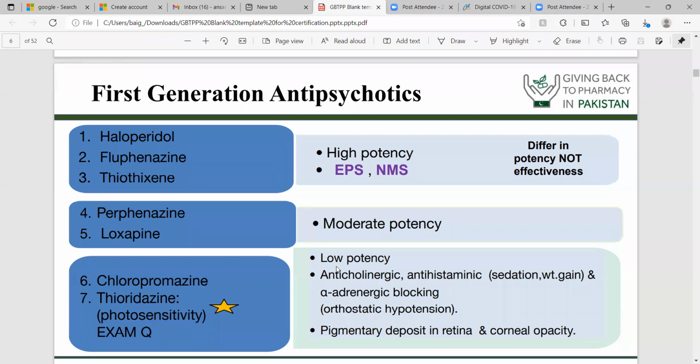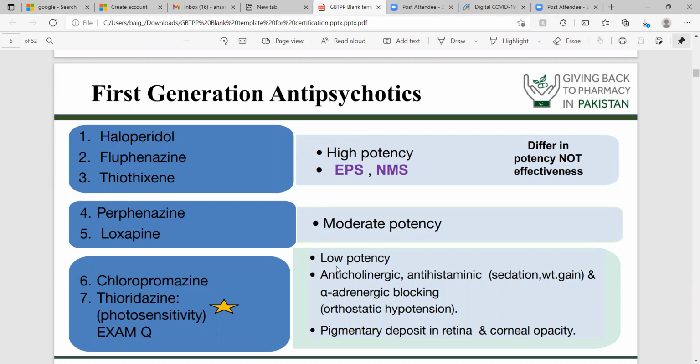When thinking about antipsychotics, we have to think about high potency, moderate potency, and low potency. If the antipsychotic has high potency, it means more EPS side effects, so we have to think about EPS, tardive dyskinesia, and ataxia.